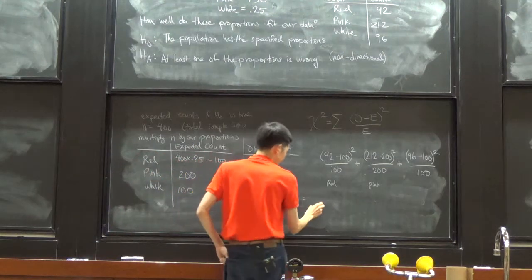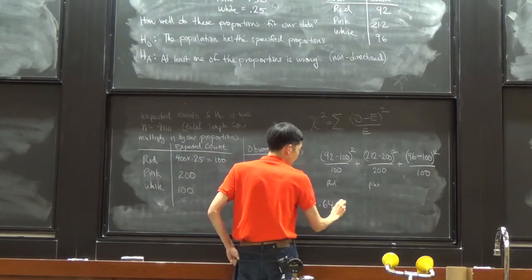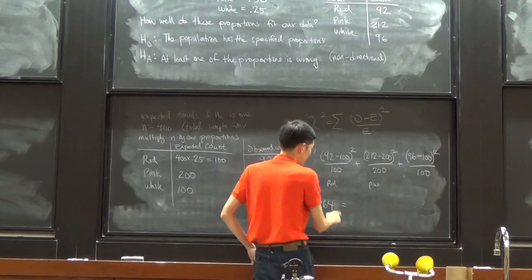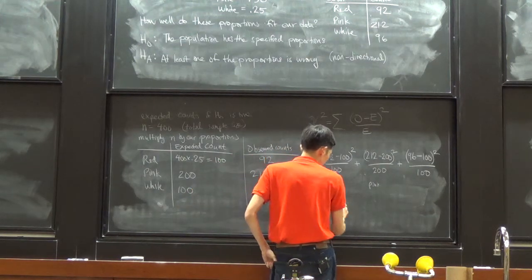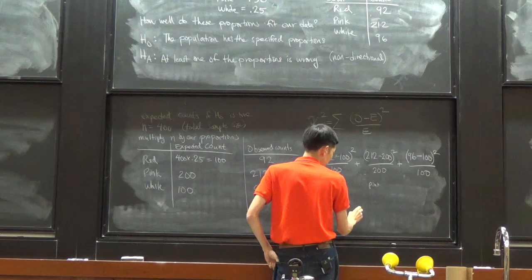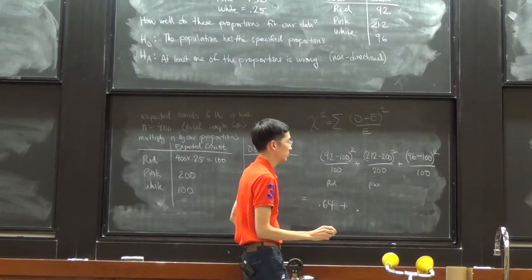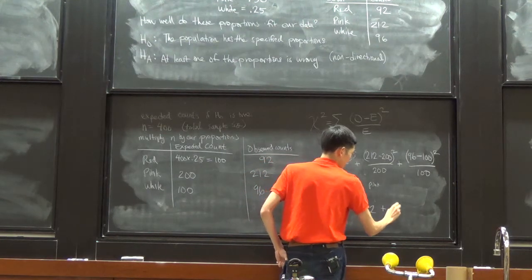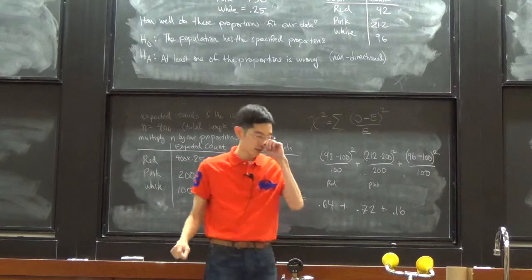So I get 12 minus 2, 144. I should just double check.